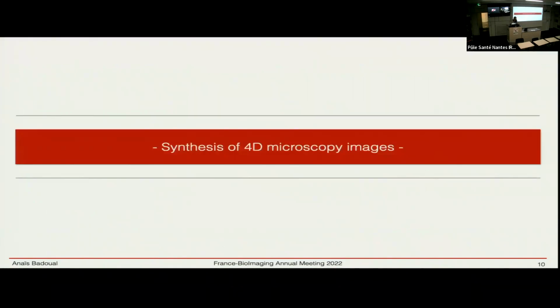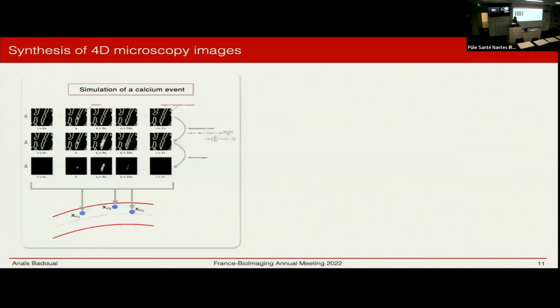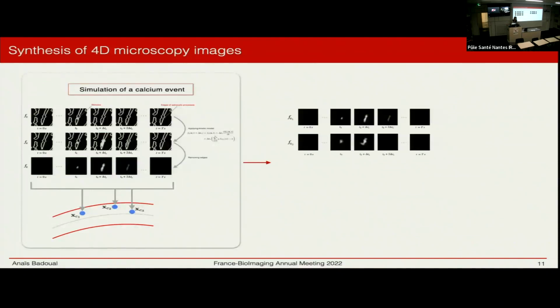Now, the final step is to create microscopy images that depict not only one calcium event, but the whole activity of the astrocytes. To do this, we use the method that I just explained to simulate different calcium events. We combine them, so this calcium event can be calcium puff or calcium waves.